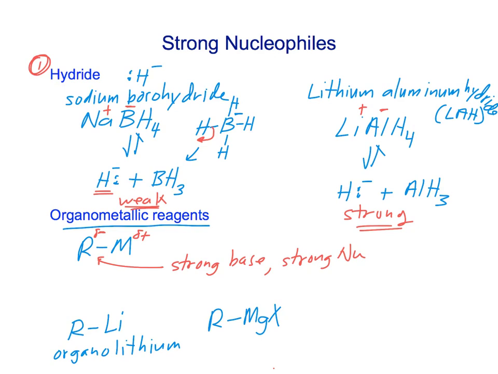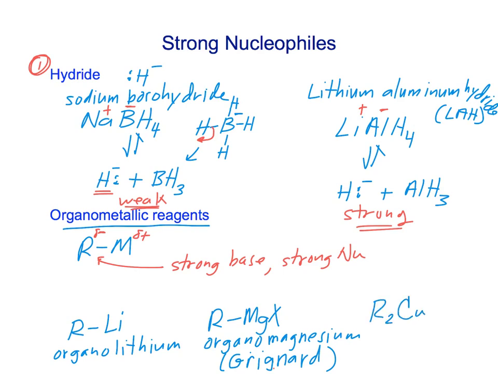This is an organomagnesium. These have a name after the inventor. It looks like Grignard, but it's usually called Grignard. Grignard reagents. The third has 2 alkyl groups on a copper that has a lithium on it. These are organocuprates.